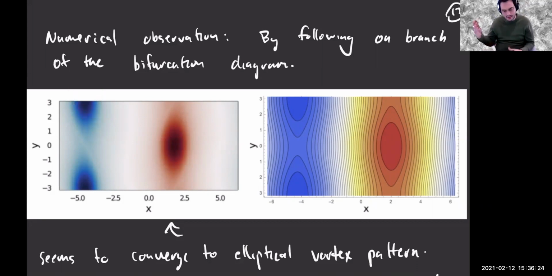As you increase beyond this point, all that seems to happen is that these things become more localized and more elliptical. Here's an analytical formula that I got by supposing that the solution in the limit was the sum of two Fourier modes, the one that fits the box in the x direction and the one that fits the box in the y direction. Then you have these elliptical type vortices.